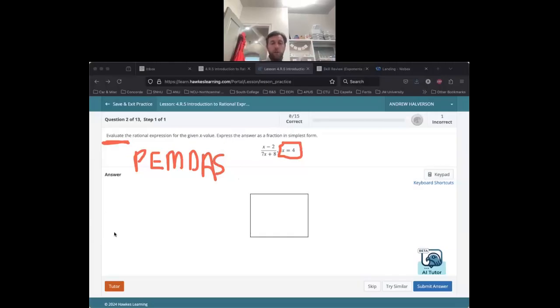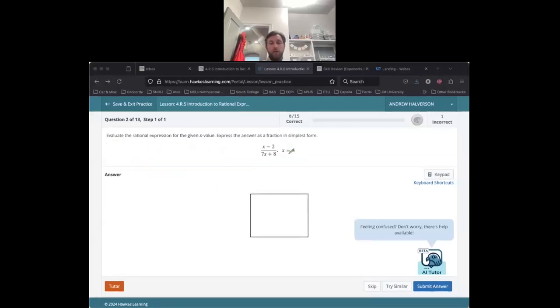So we take our value of 4 and pipe it into wherever you see an x. That's telling you this x is equal to 4. So we plug in all the places. So we'll say 4 minus 2, and then we do 7 times 4 plus 8.